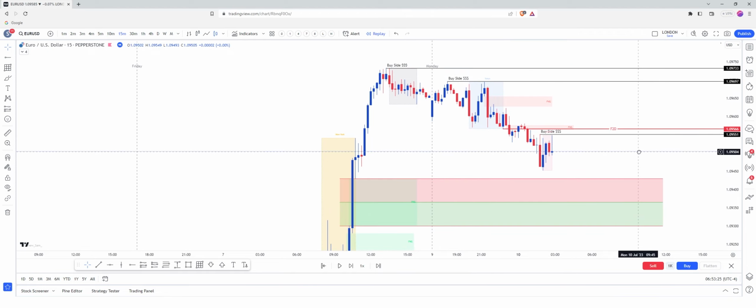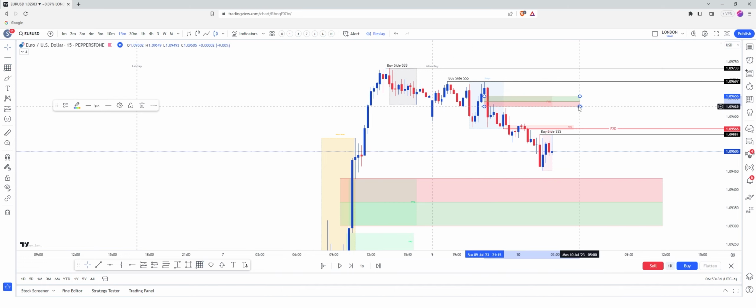Likewise, we have a 15-minute fair value gap in the Asia session as well, and also this 15-minute fair value gap at the Asia low. Now that's more or less been filled. This one's just been tapped once. What's nice about this one is we do have liquidity inside the fair value gap.